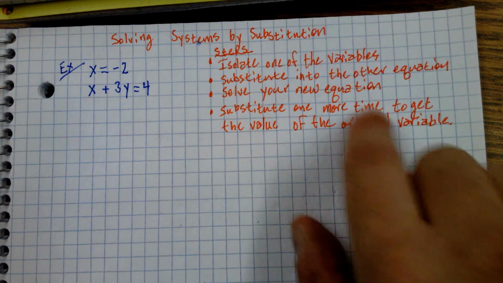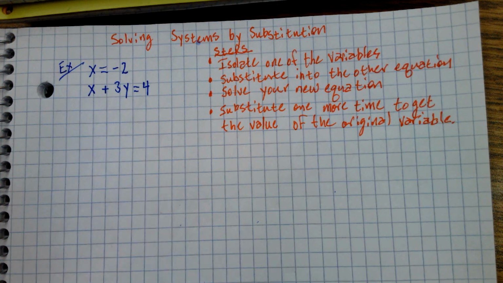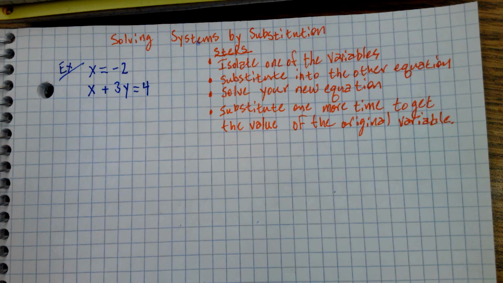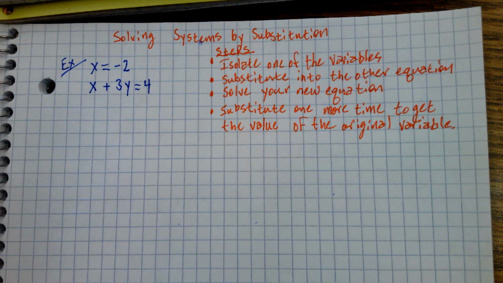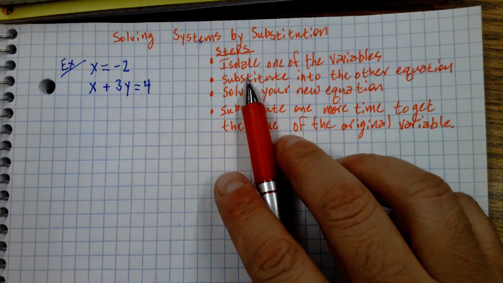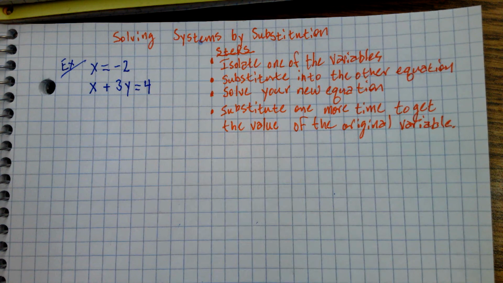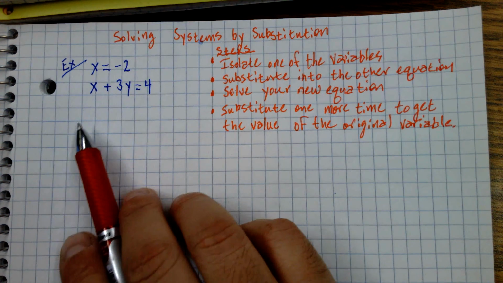So we're going to practice most of these steps on this first system. By the time we're done with the other 4, we'll see all of this. The very first step, isolate one of the variables.